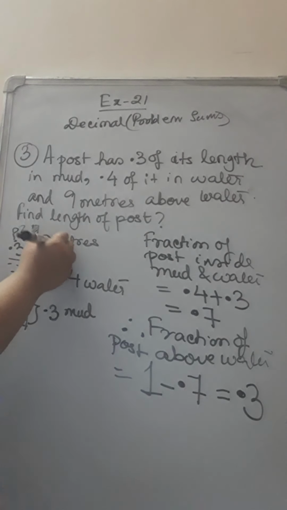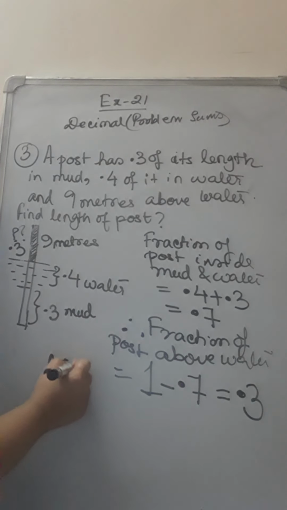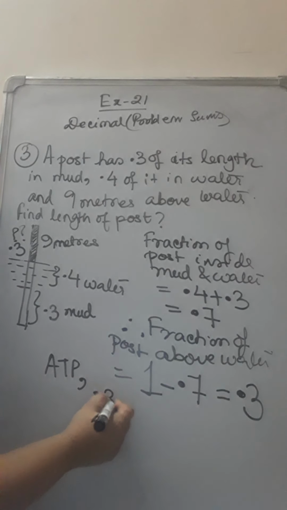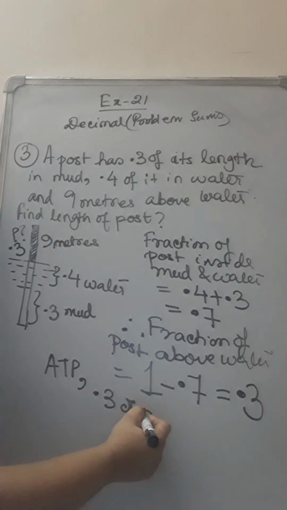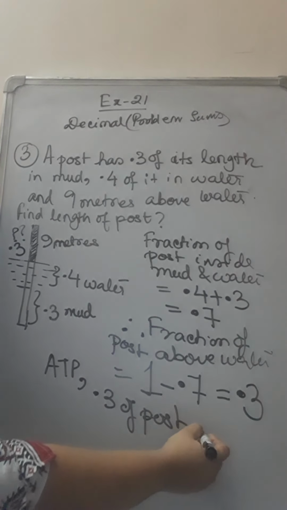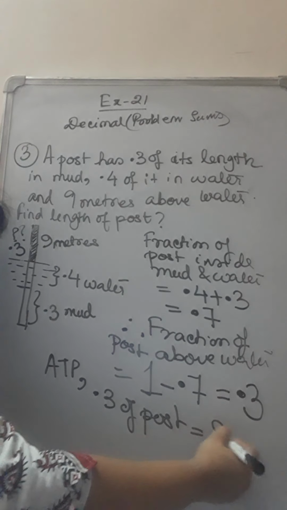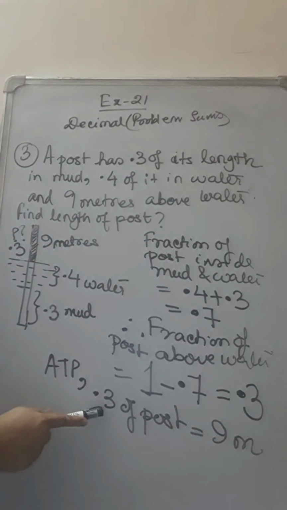And we also know the original measurement of the stick that is above water. So we can write, according to the problem, 0.3 of the post is equal to 9 meters. So in fraction, if the total post is 1, only 0.3 fraction is above water.